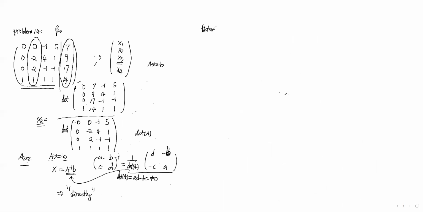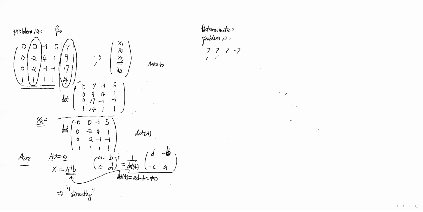The determinant. For 2 by 2, I think you already know it. But for 3 by 3, sometimes it's complicated, right? So let's look at one problem. Problem 12. This is 7, 7, 7, negative 7.